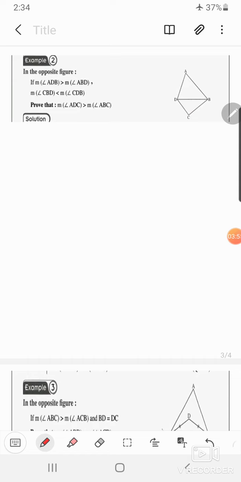In the opposite figure, if measure angle ADB is greater than measure angle ABD. First of all, ADB, this part, is greater than ABD, this one. Here you have this angle is greater than this one.